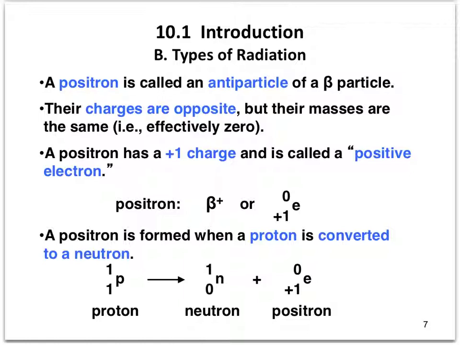Positrons occur when a proton is converted to a neutron and a positron. Both the beta and the positron are higher energy than the alpha particle.